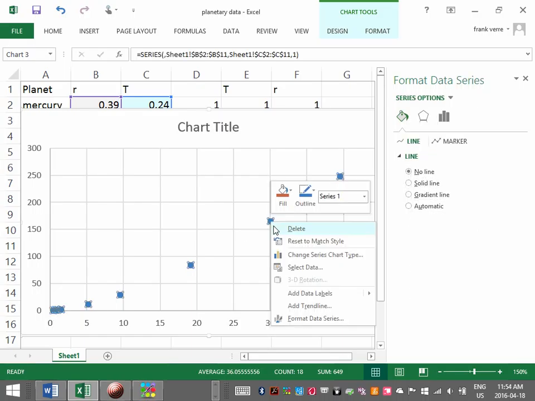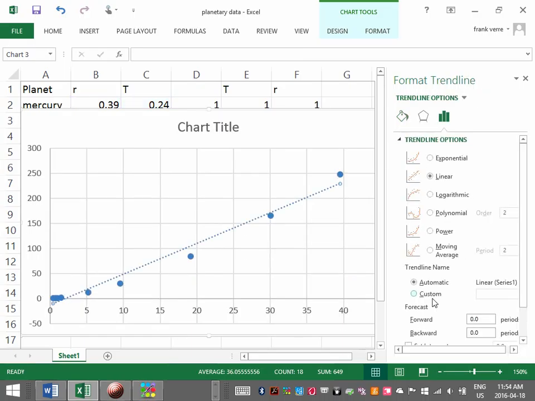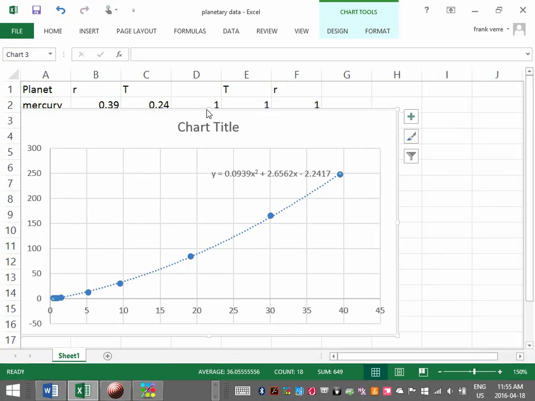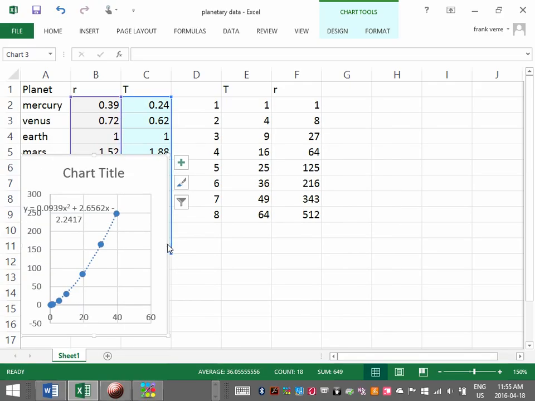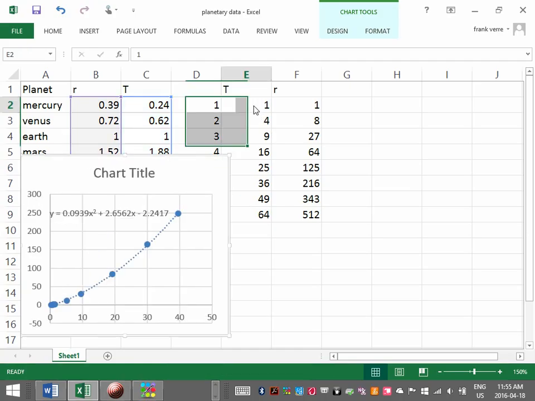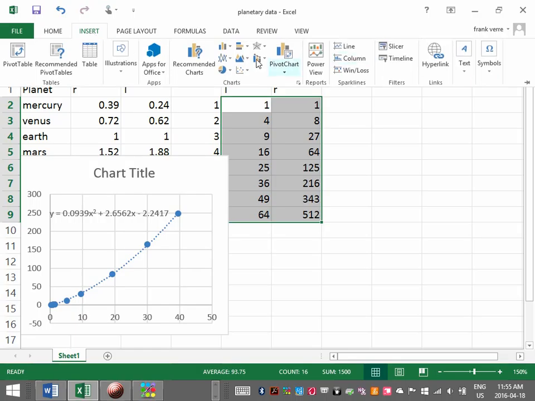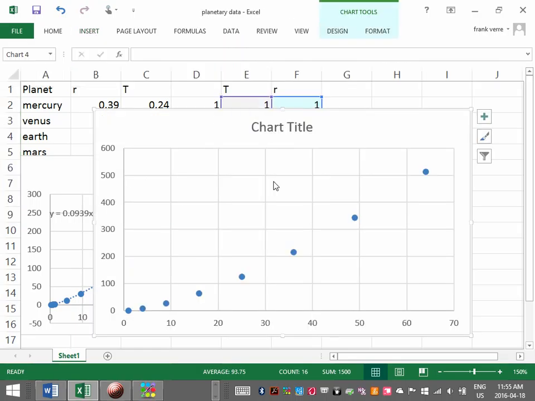And then we can ask for a trend line, and it's a polynomial. Okay, and there's the equation. Now we can do the exact same thing for the other one. Set them beside each other. Okay, and I can graph these two, and you'll see this model is very accurate. We put them beside each other.